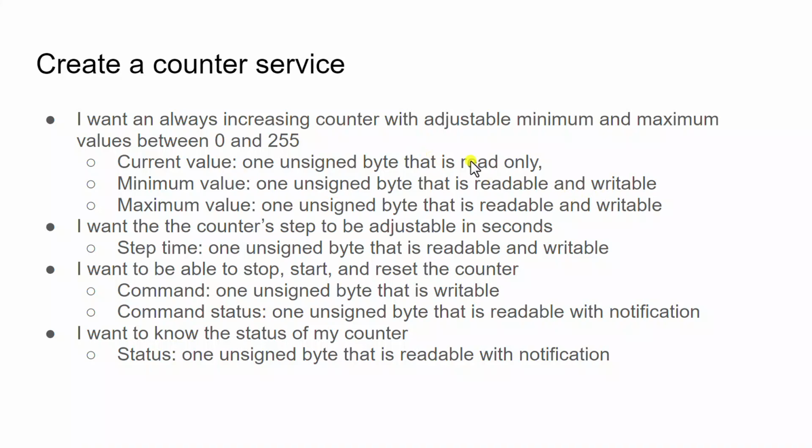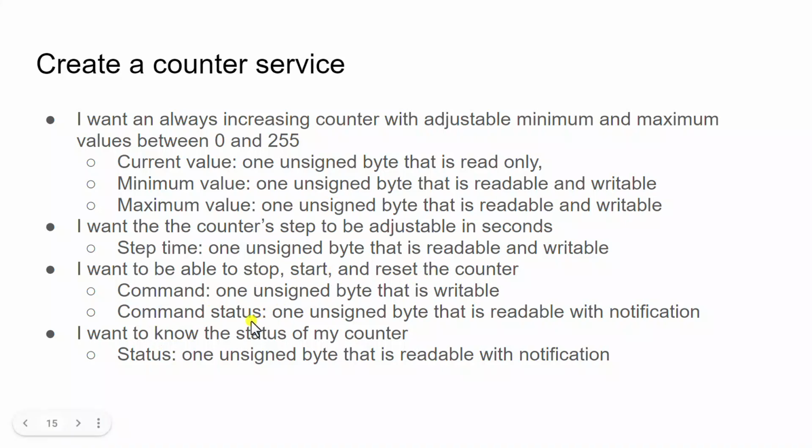I wanted the current value to be just read-only, and then I wanted commands, so I wanted a 1 byte that's writable for the command, so you can't read the command. But when you write what the command is, let's say start, stop, or reset, these would be integers that are signed in the code.